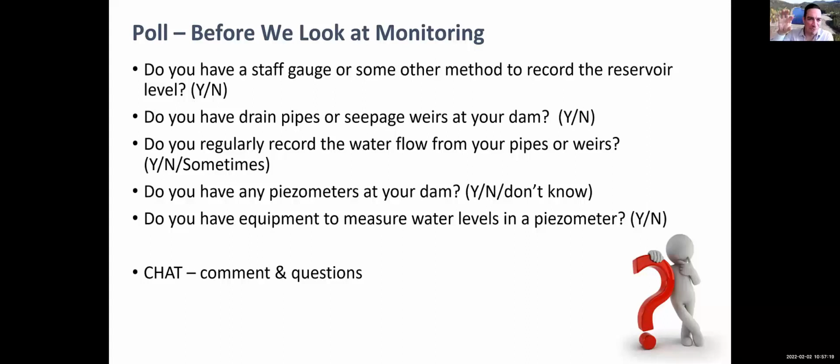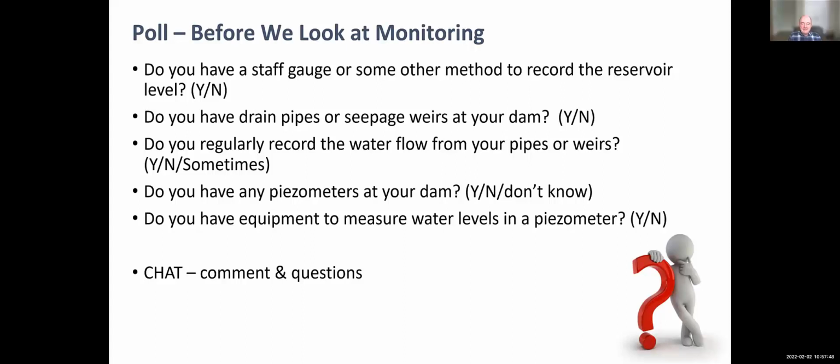Sometimes it's just a rock in the reservoir, where you're saying it's about a third full. Yeah, I saw one example where they had a series of big rocks laid down in the reservoir, and each of them had a painted number on them. And they somehow survived the winter and ice and everything else. Right. You need binoculars to read them.